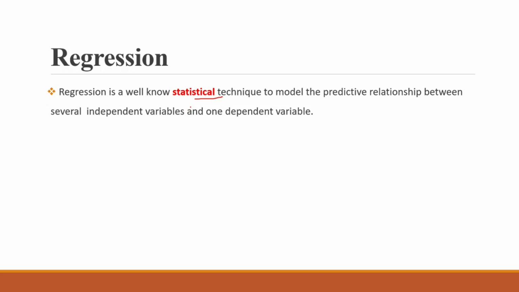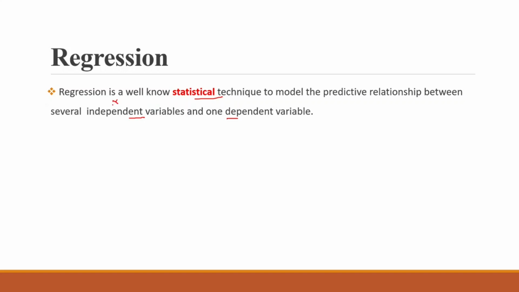So regression falls into a statistical technique to model the predictive relationship between several independent variables and one dependent variable. So I can have multiple independent variables, but it is not necessary that I need several. I can have a single independent variable also.